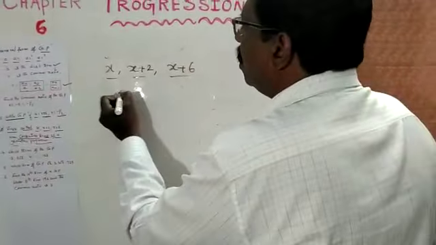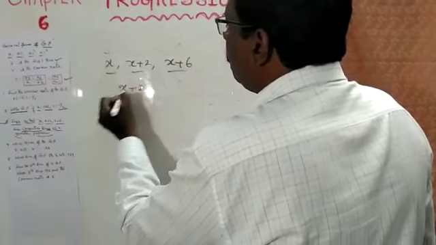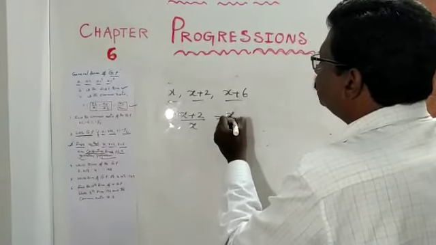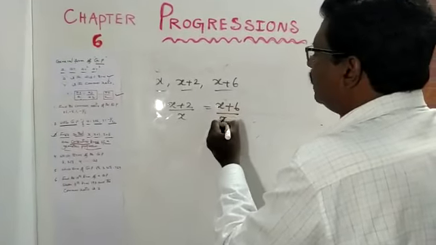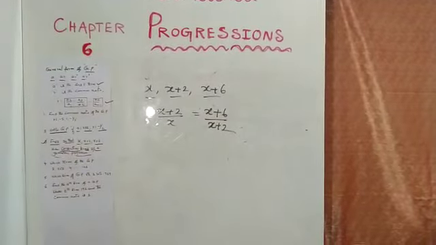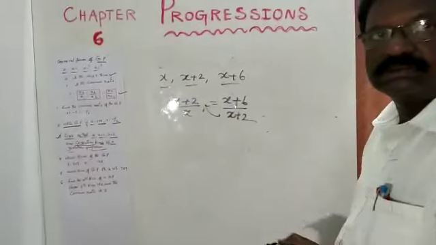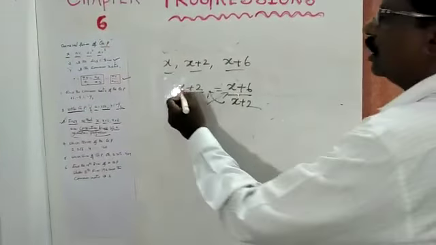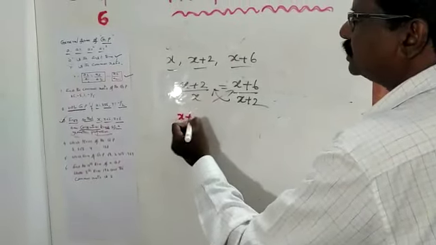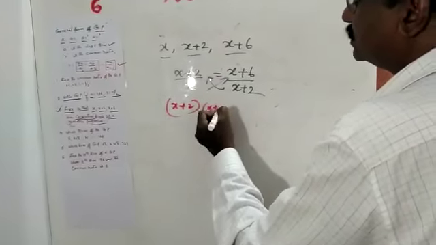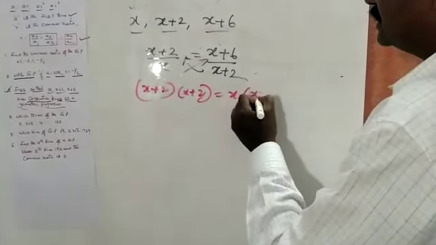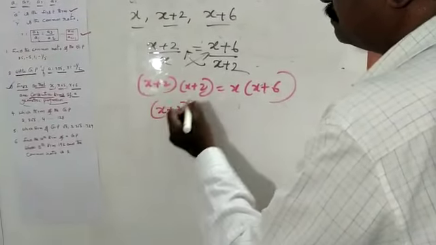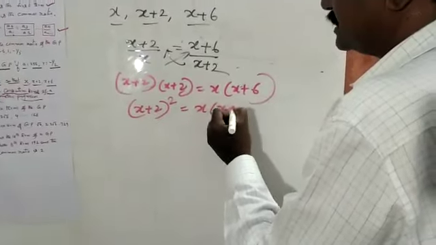What is the condition? x plus 2 by x is equal to x plus 6 by x plus 2. Cross multiplication: x plus 2 into x plus 2 is equal to x into x plus 6. So x plus 2 whole square is equal to x of x plus 6.